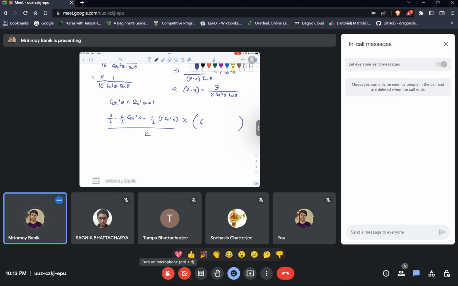Take power cos squared theta, power 2 by 3 cos squared theta, power 3 by 2.